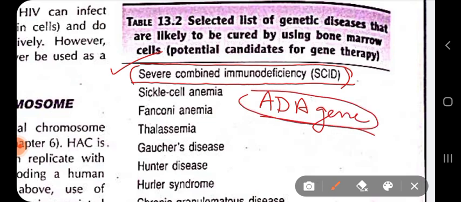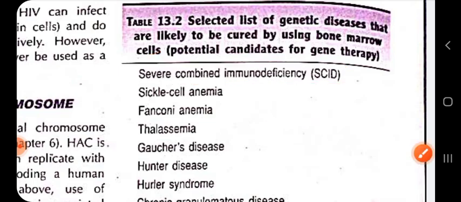This ADA gene makes a protein called adenosine deaminase. This gene becomes non-functional for the people who are suffering with SCID. So we have to introduce a normal ADA gene via ex vivo gene therapy through bone marrow for curing SCID.